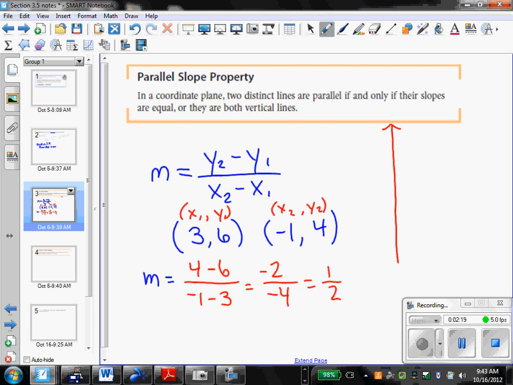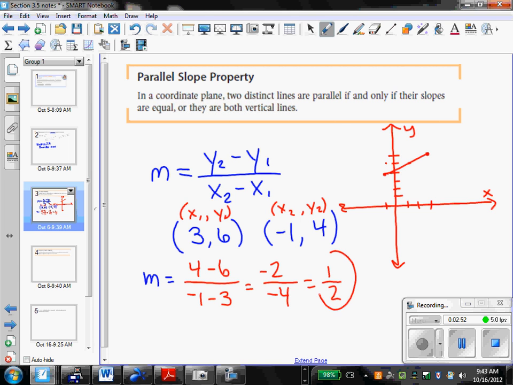If we look at what that looks like on our graph, here's the first point. Negative 1, 4 is our second point. So if we just connect those, making a line segment, if I go up 1 and over 2, I get to a point on the line segment. Up 1, over 2. So it's the change in the y-axis over the change in the x-axis.